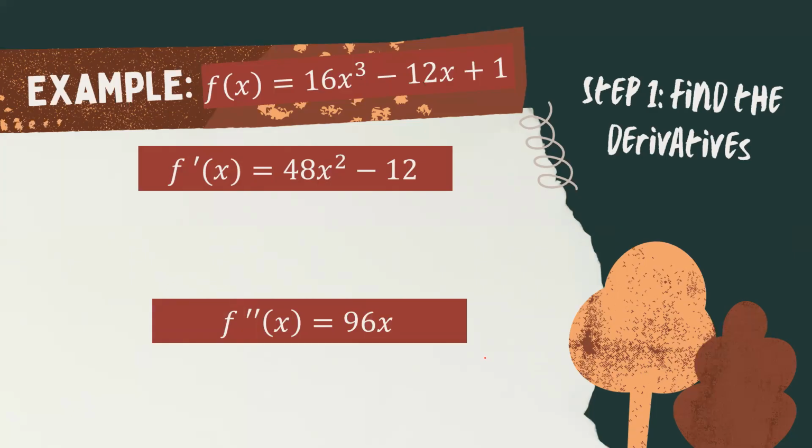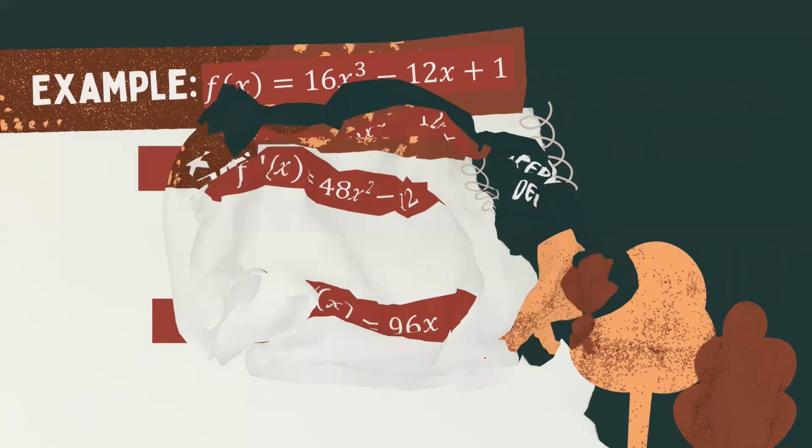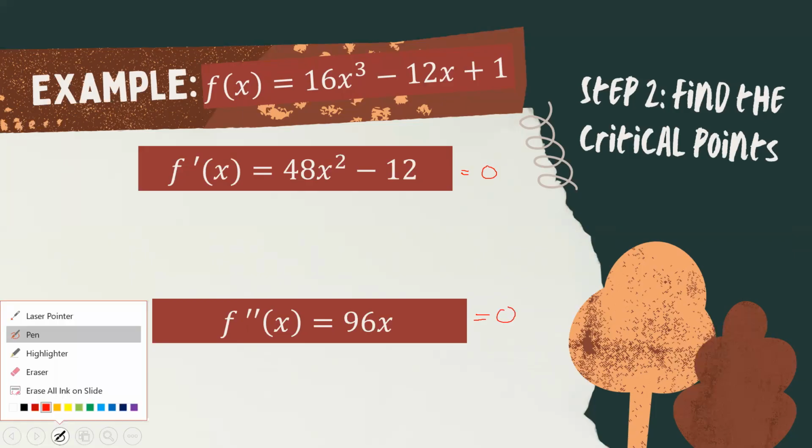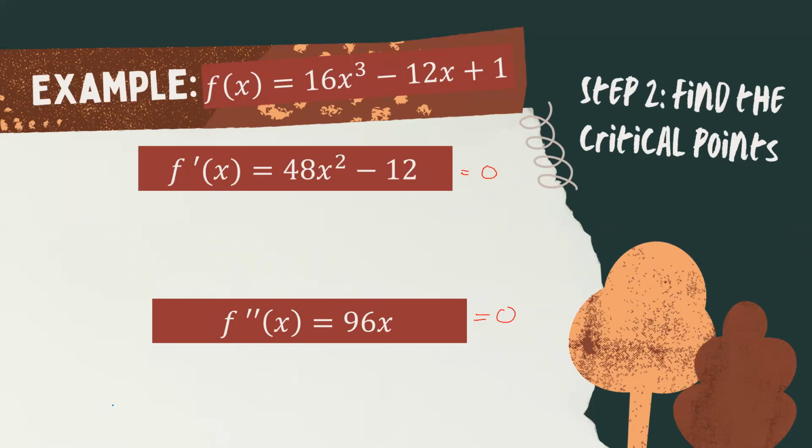Very good. Yan. So tingnan natin ngayon yung ating step 2, critical points. So pag hinahanap natin yung critical points, we get the zero of the first and second derivative. Okay? So kunin natin yung zero ng first derivative by factoring. So i-factor natin to, the common factor is 12.